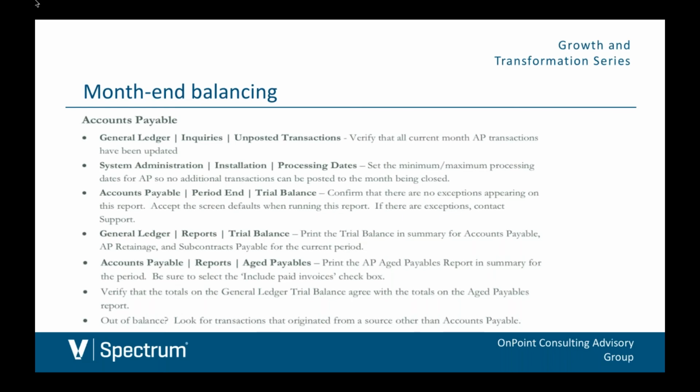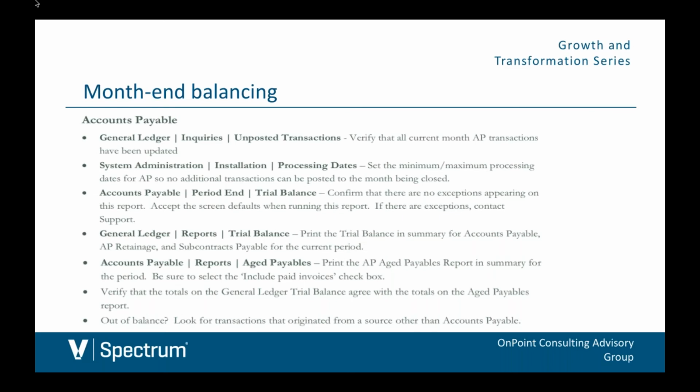And then you want to verify that the GL trial balance agrees with the aged payables report. If you're out of balance, one of the first things to look at in general ledger, if you do an inquiry, it's a detailed analysis, look for transactions that originated from a source other than accounts payable, the main one being a general ledger journal entry.